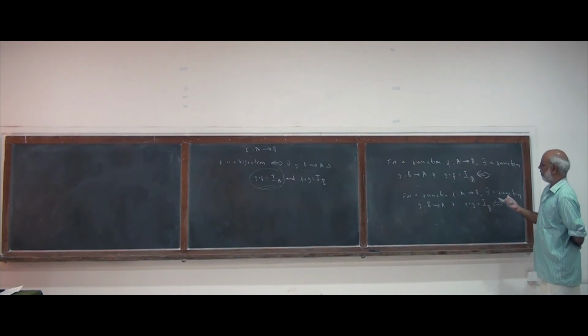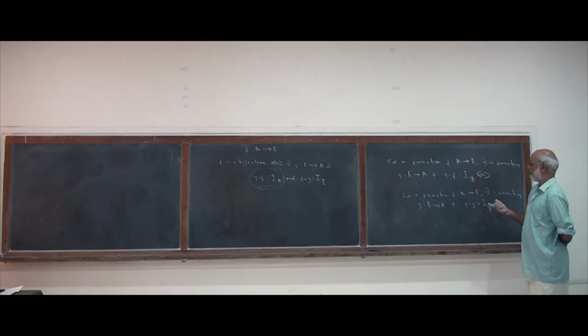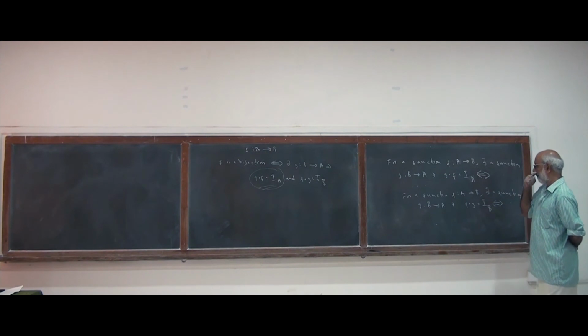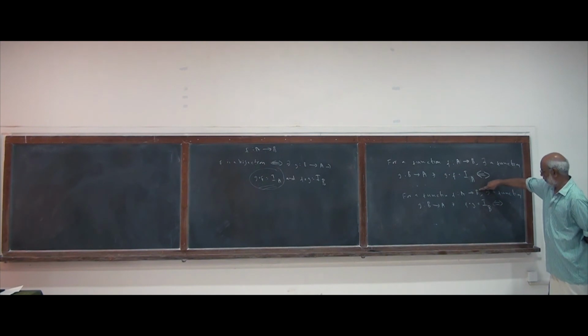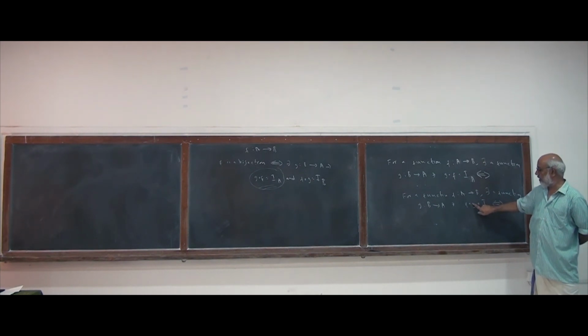To take an element of B, say y is an element of B, then identity of y should be equal to f composition g of y.